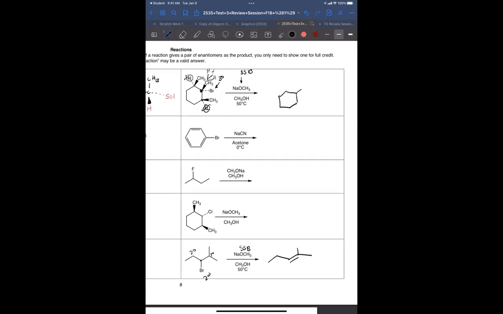So it would form like this. That small strong base would come in and swoop that hydrogen. Something like this, CH3 still, that's a really terrible wedge. CH3, then H, that'd be our product.